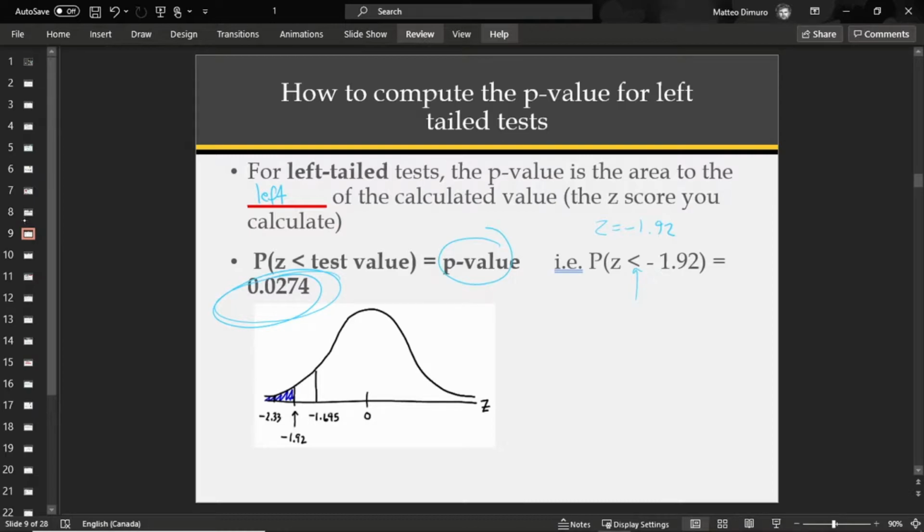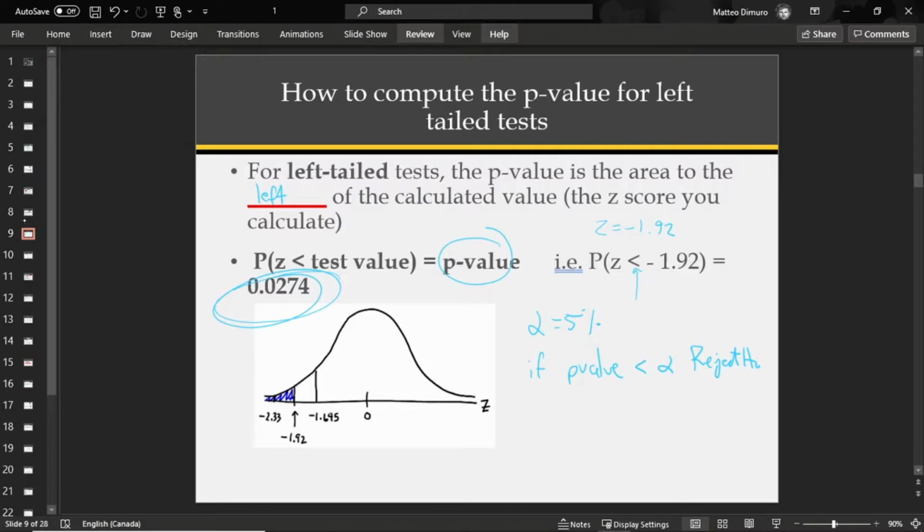Now, what this means for us in this particular case is, let's say the alpha value was 5%. If the p-value is less than the alpha value, then we can reject H0.